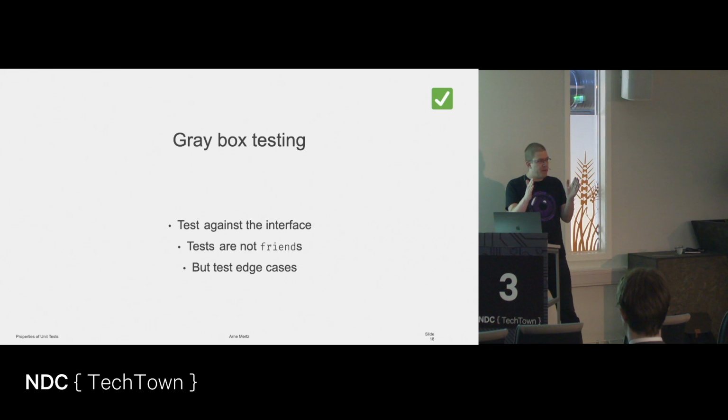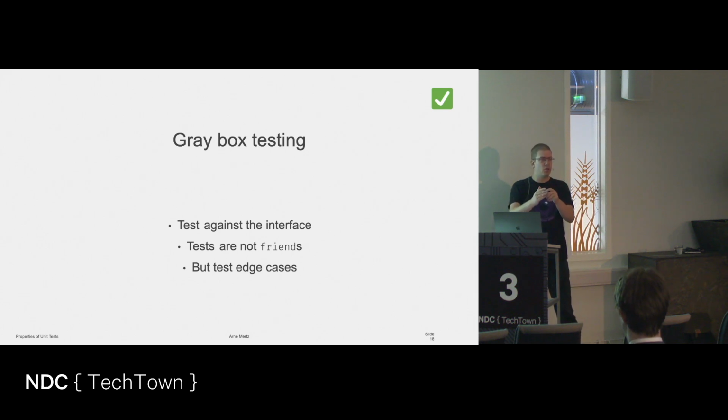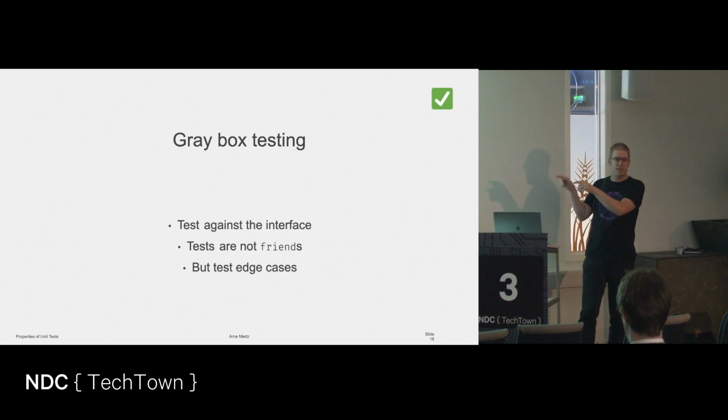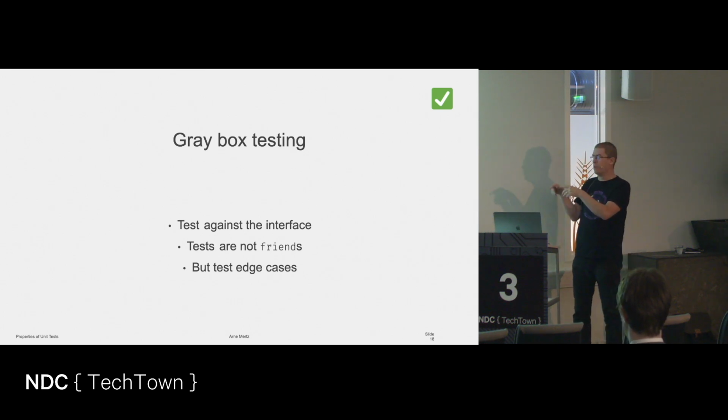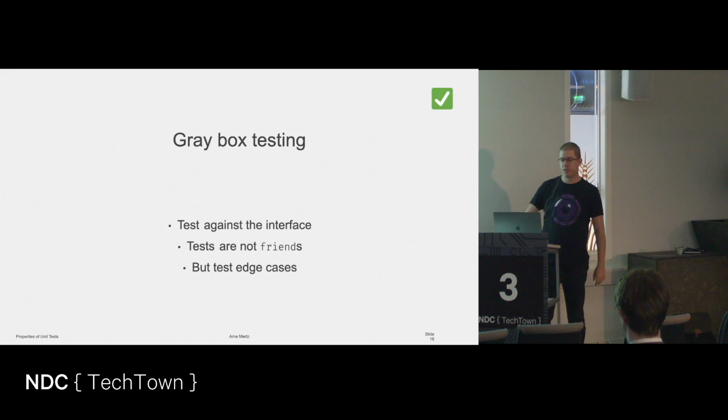If you know how large the buffer is, you can write a test case for exactly that size and for one larger, to make sure that in this transition from the buffer to the allocated memory, your string class really behaves the same. This is inner knowledge of the implementation, and you write test cases to make sure these boundaries are okay, but still you don't touch or actively observe the implementation details.